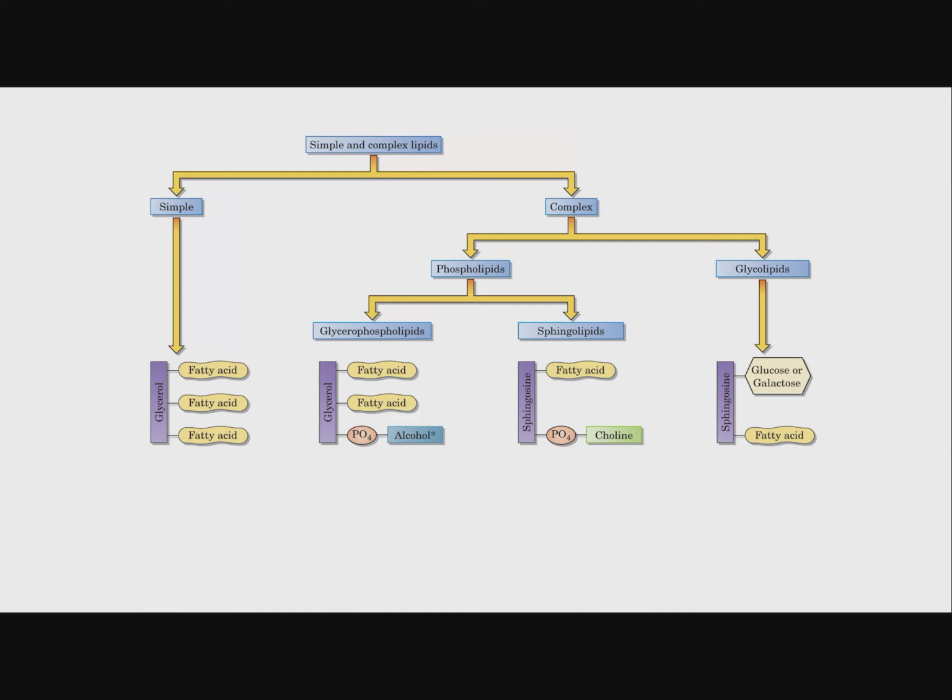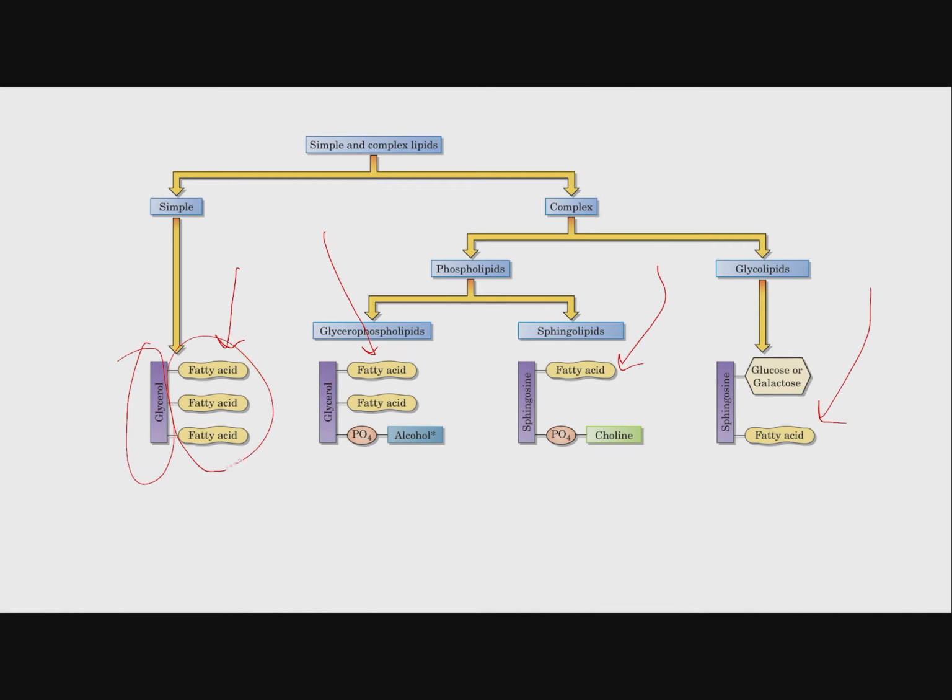Now, of the open chain lipids, we're going to look at some fatty acids, and you can see fatty acids are components in several of these different types of lipids. In fact, it looks like they're in all of them. Our simple lipids are going to be a glycerol molecule and some fatty acids. We're going to spend a little time talking about different fatty acids first, and then we'll come back and tie this all together. As they get more complex, we'll see that in this glycerol molecule there are positions that fatty acids can add on to.